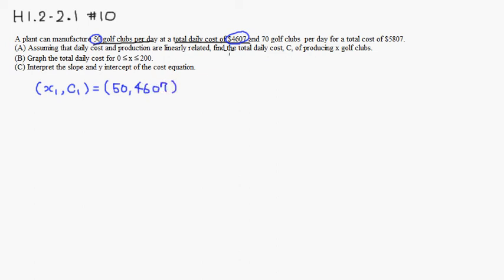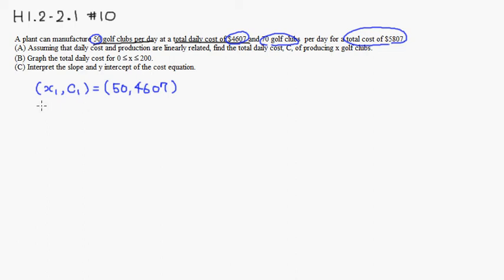The same way, if you make 70 golf clubs per day, the total cost is $5,807.